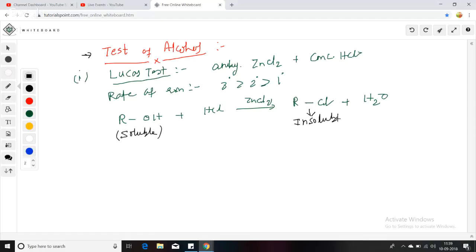It is not soluble in water, and since it is not soluble, a white turbidity appears. Cloudiness, we also call it.